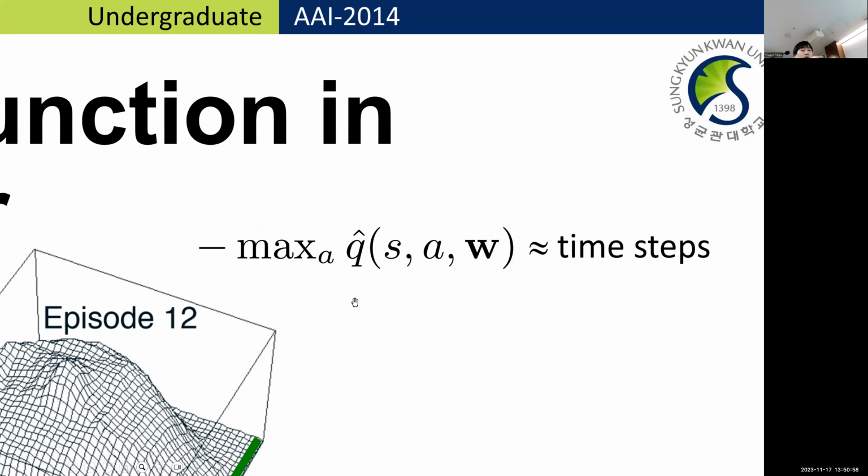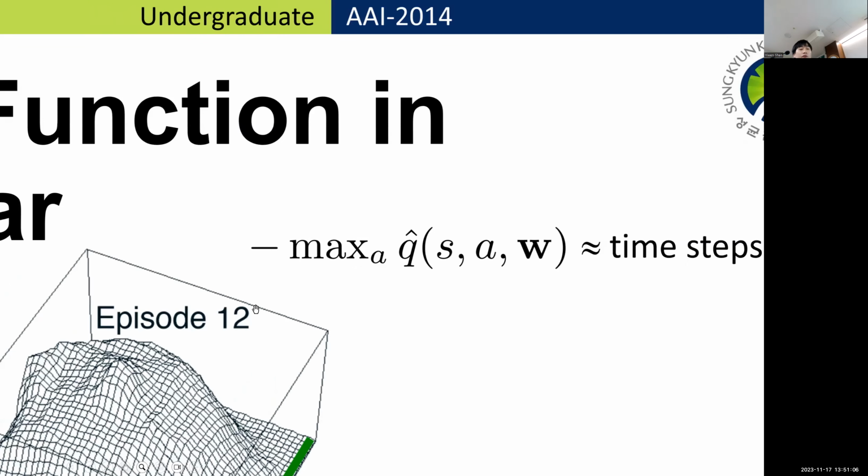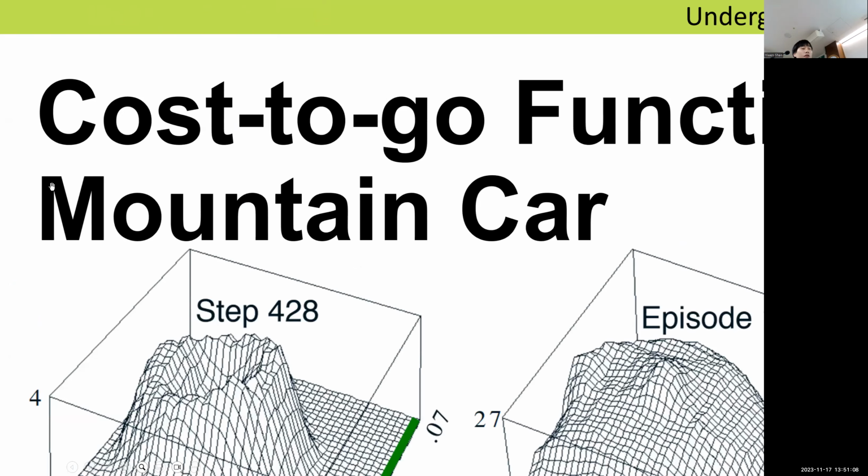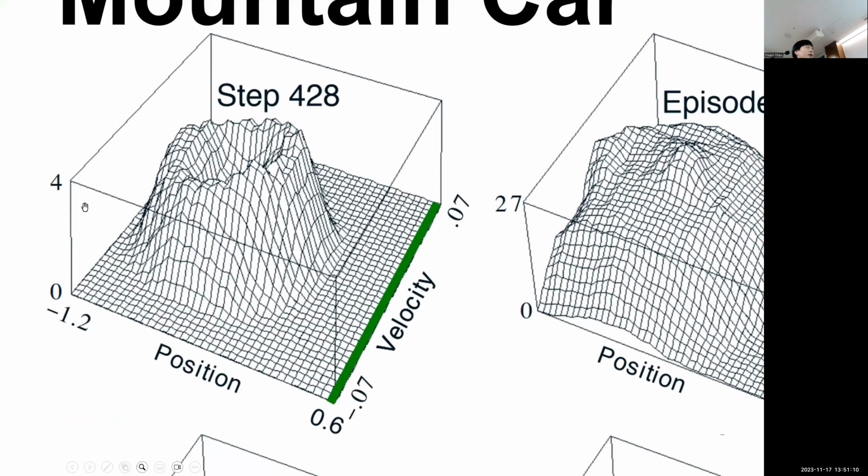Because if we have a -1, the Q value itself will be a minus number. Then we put another minus and it becomes a positive number. That's why we have this 4, the positive number here. Okay. Now, if you look at the initial step, you will see the starting point actually is in the center of this volcano shape.